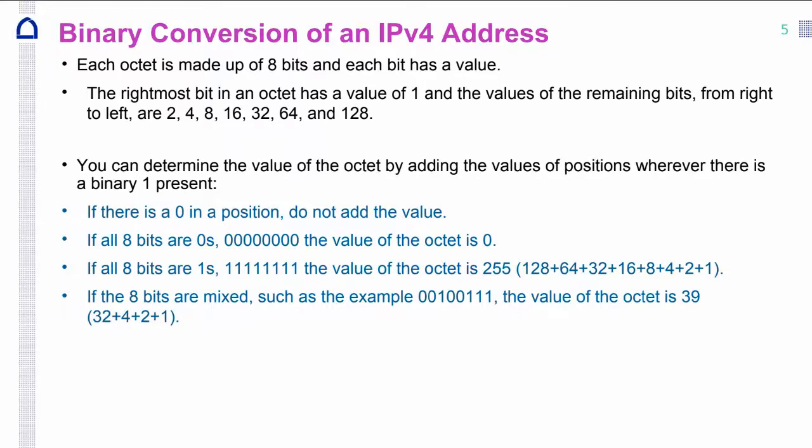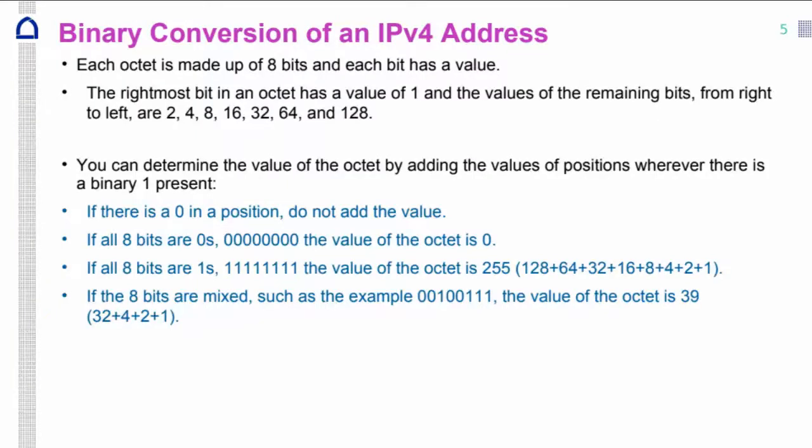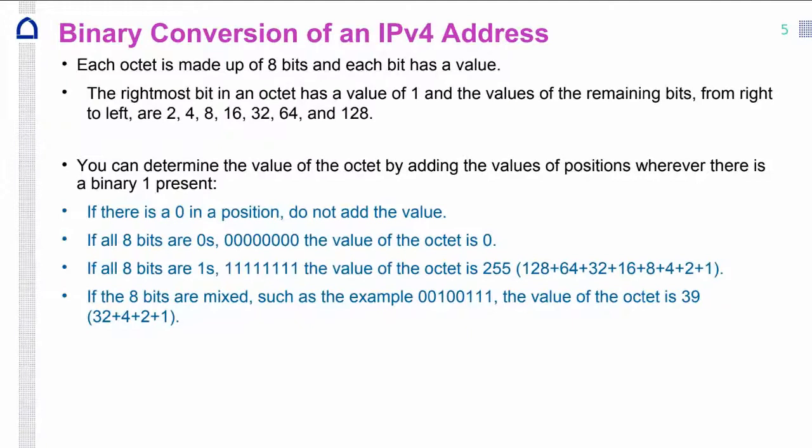So if I want to calculate the decimal equivalent of this number, 00100111, converted into decimal, it's easy. It is 1 plus 2 plus 4 plus 32. Why did I not put 16 and 8? Because they are zeros. Is it clear? Have you done similar things like this before? Let me repeat it, please. This is important.